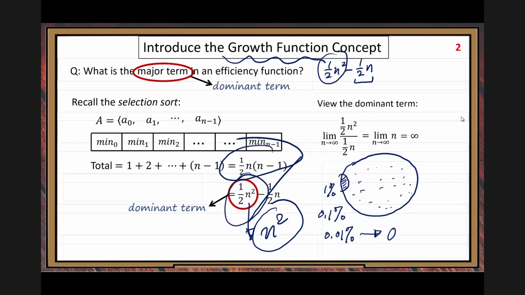If 2 algorithms have the same growth function, then we put them in the same category, because their increasing rate is pretty much the same. If you double the size over the original function, you get the same rate. So we put them in the same category. So here we get this growth function concept.